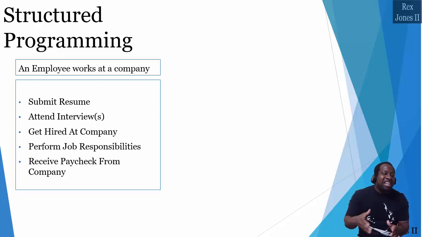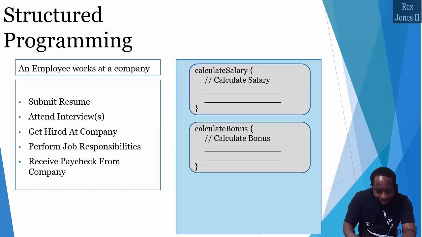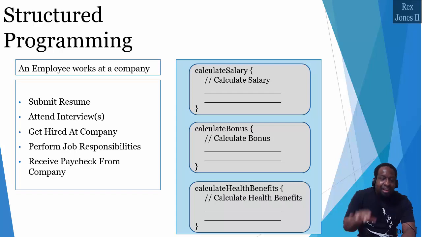The big program is divided into small units such as calculate salary, calculate bonus, and calculate health benefits. That's what we call code acting on data.